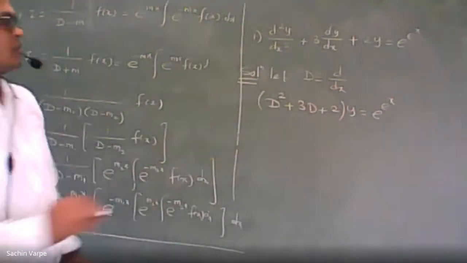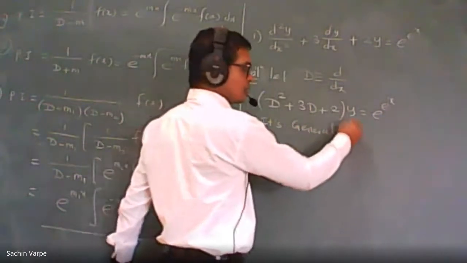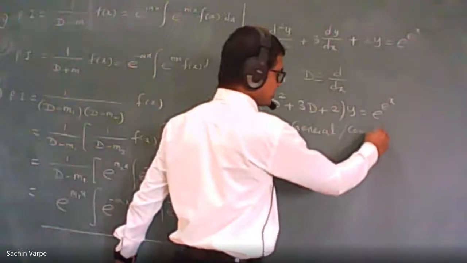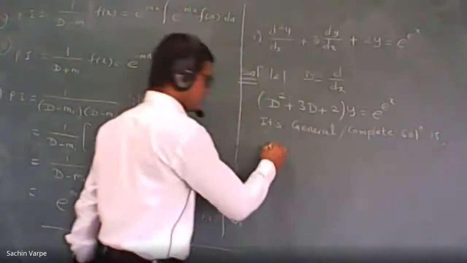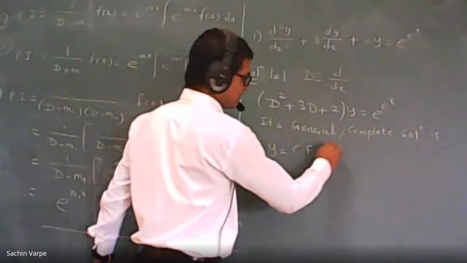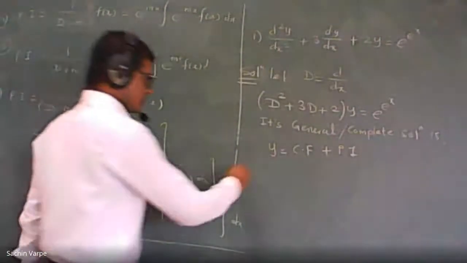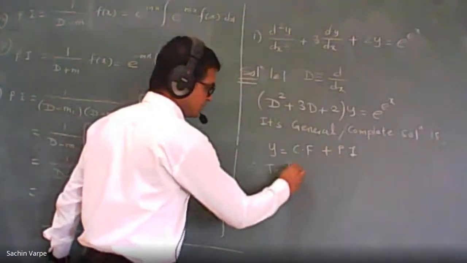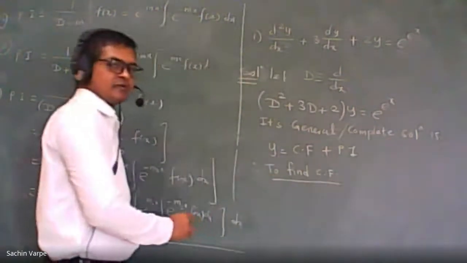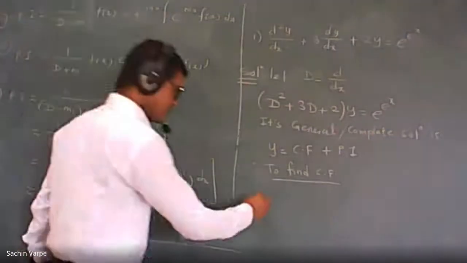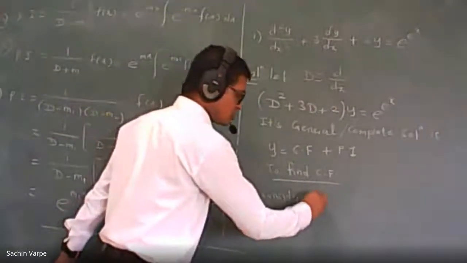Okay, now its general or complete solution. As this is the first example, let me write in detail. General or complete solution is, we know y is equal to CF plus PI, complementary function plus particular integral. Therefore, to find complementary function, let me write in short, to find CF, what is our first step? Consider the homogeneous differential equation.